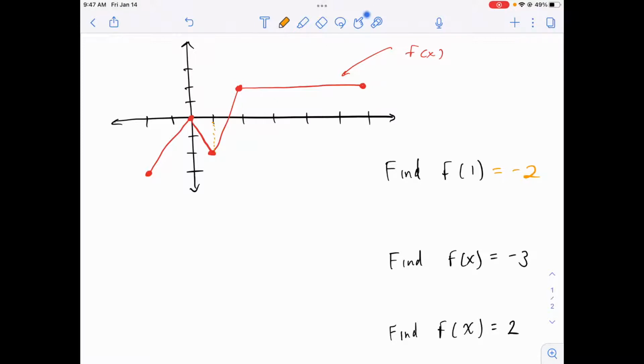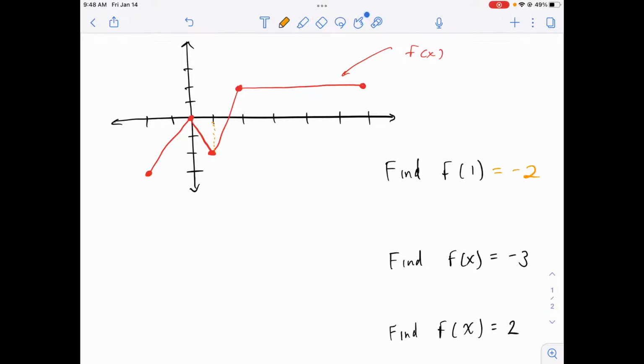Okay. Now the next question asks me a little bit different direction. It says f of x equals negative 3. So it's saying for what x value is the y value negative 3. So you're looking at this red graph and you're finding where are all the locations where the point on the graph has a y value of negative 3.